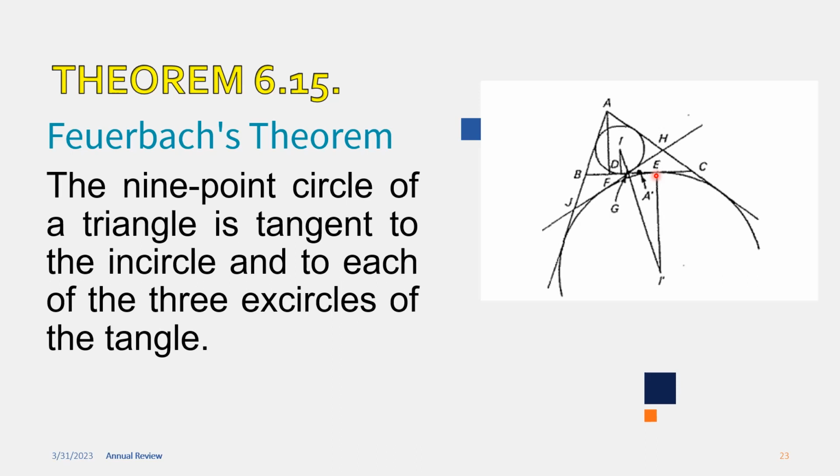So the nine-point circle passes through A prime and F, which divides it externally.